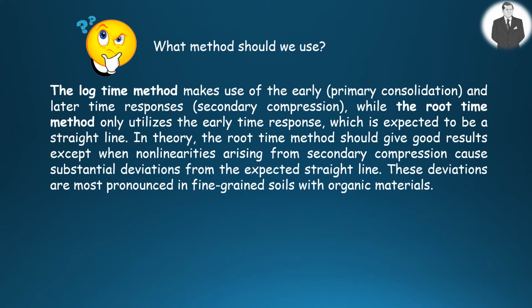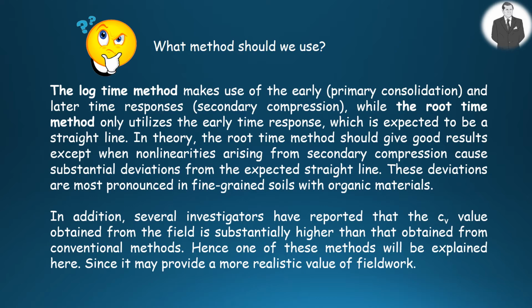In theory, the root time method should provide good results, except when non-linearities resulting from secondary compression lead to substantial deviations from the expected straight line. These deviations are most pronounced in fine-grained soils with organic materials.